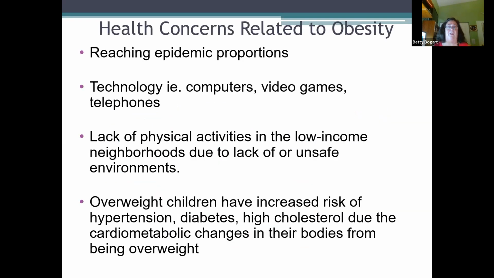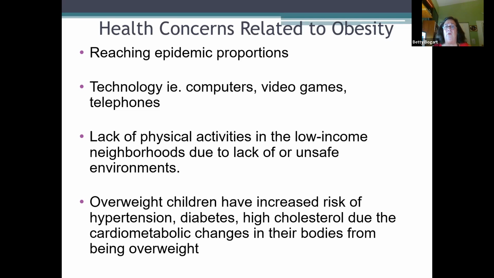So as I started talking about obesity in children, it is reaching epidemic proportions because of what? They're not outside. They're watching TVs, on computers, videos, games, telephones. It's more important than going out and hitting a ball or riding a bike around the neighborhood. Or they can't because the environment outside is unsafe. And that is some of the cases.